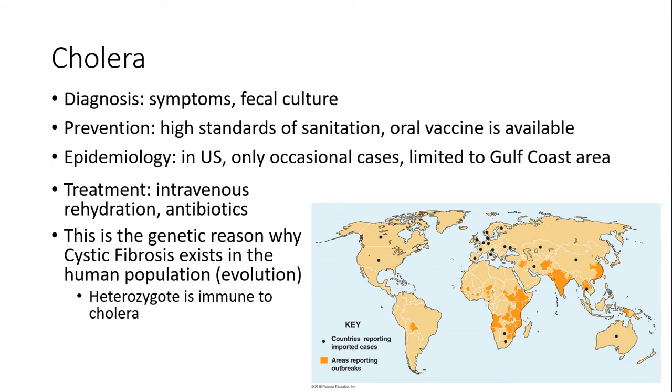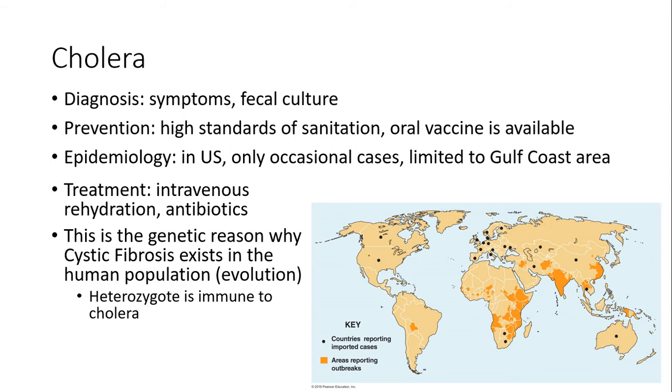So the good news about that is that cholera can't really affect you, because you don't have the right target for it. The bad news is you have cystic fibrosis. So this will mean that you have impaired mucus and fluid absorption in the lungs, as well as in the GI tract.